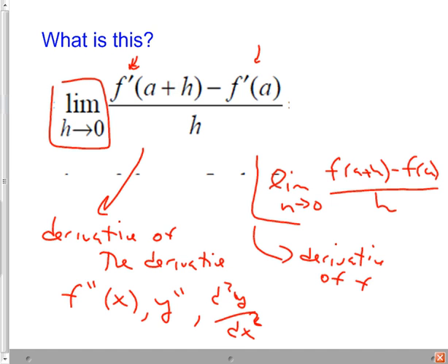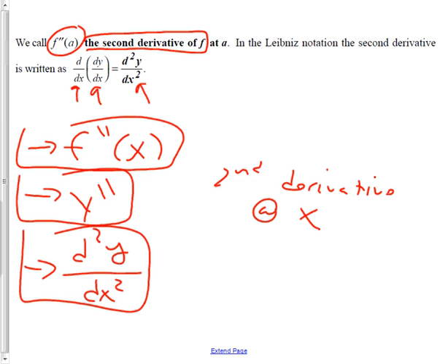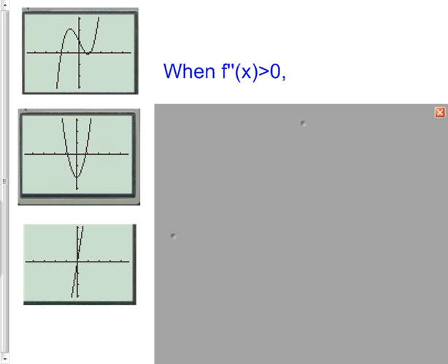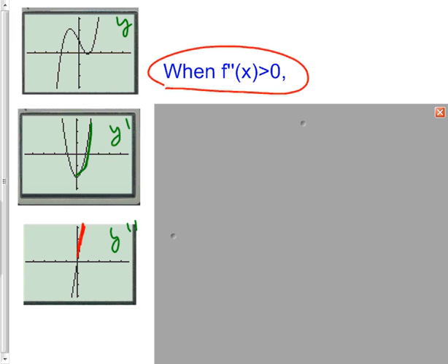Okay, so this is all kind of conceptual, leading towards how does the second derivative affect the graph. So let's start off with when f double prime of x is greater than 0. What's going on with the first derivative? Well, here's the first derivative. Here's y prime, y double prime, and y. And here's the second derivative.